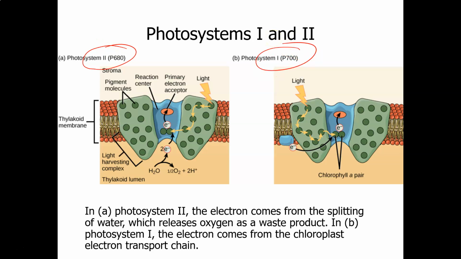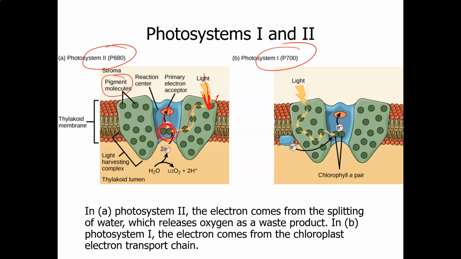And you can see the pigment molecules located in each photosystem, which absorb sunlight. And that energy finally reaches the reaction center, which contains 2 chlorophyll A molecules. The energy in the form of an electron then travels to a primary electron acceptor, and then that energy is going to be used to produce ATP.